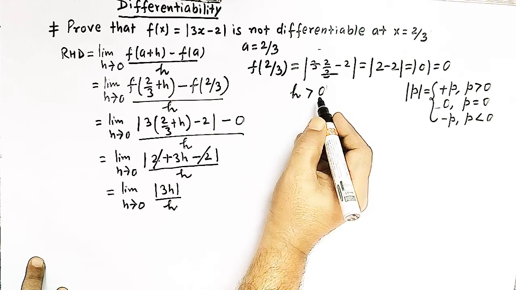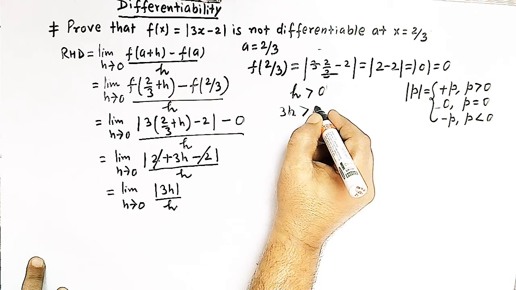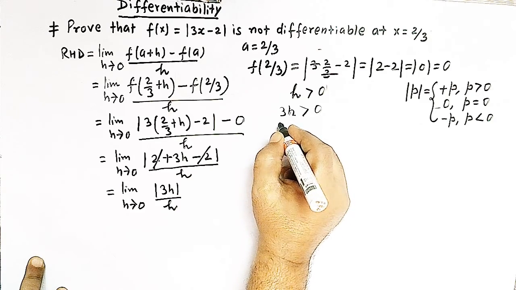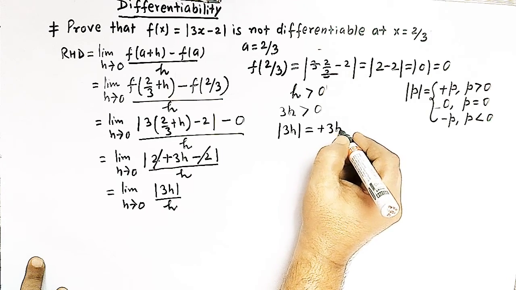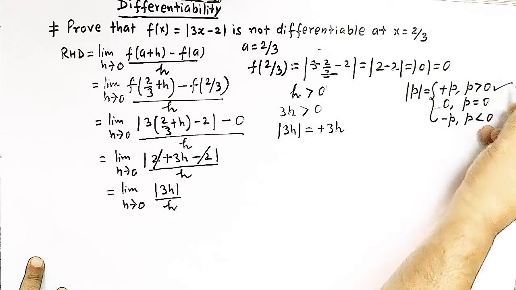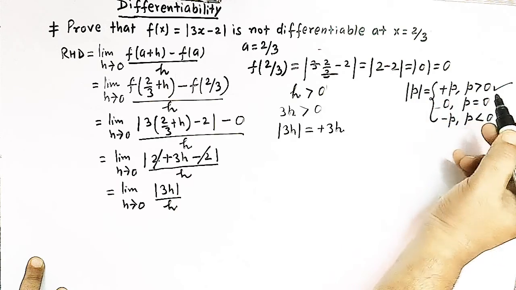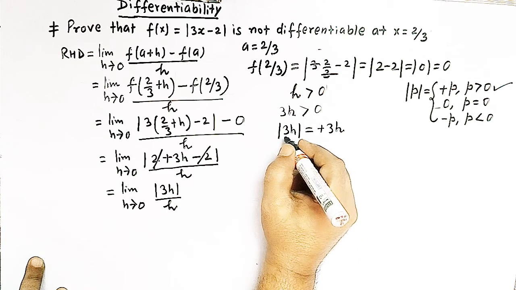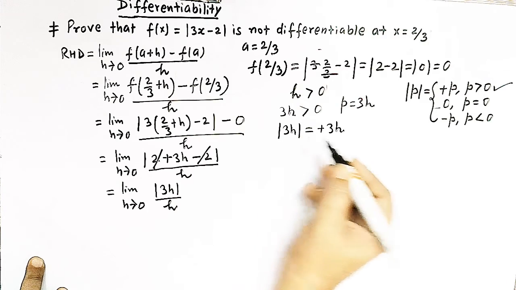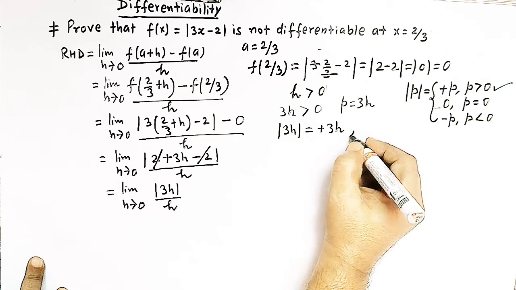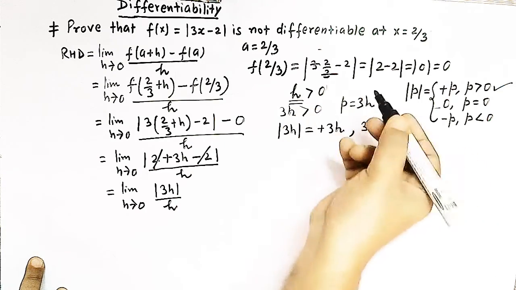Since h is a positive quantity, it implies that 3h is also a positive quantity. So mod of 3h is equal to positive 3h due to this part of the definition, because mod of p is equal to positive p when p is greater than 0. So here we can take p is equal to 3h. So mod of 3h is equal to positive 3h, because 3h is greater than 0, as h is greater than 0, right?